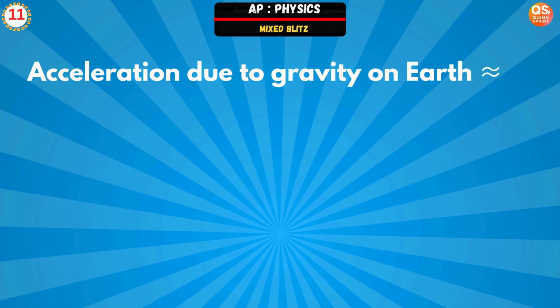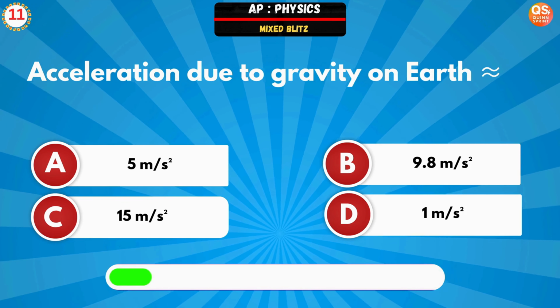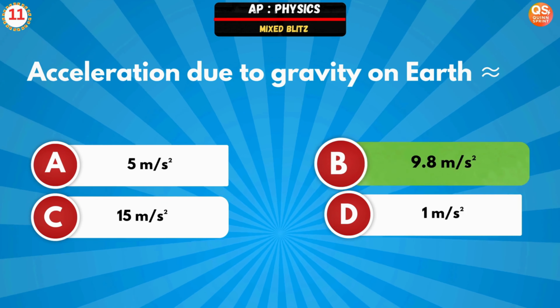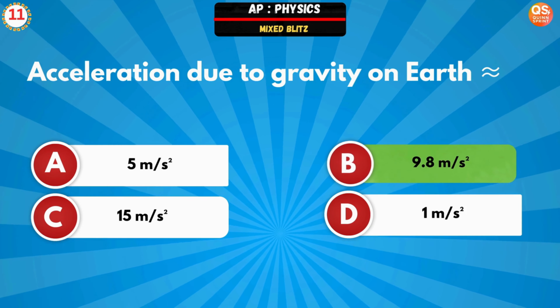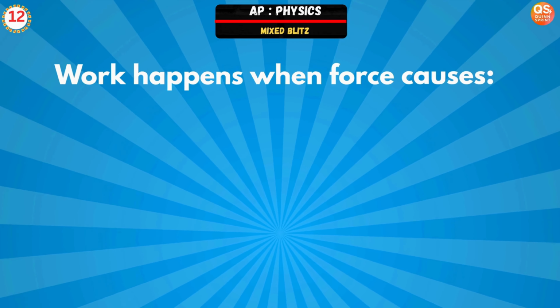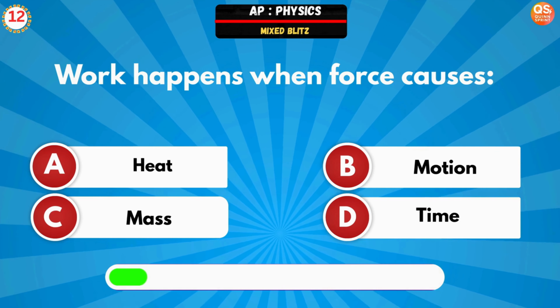Quick concept check right here. 9.8 meters per second squared. If keep it moving, next question.